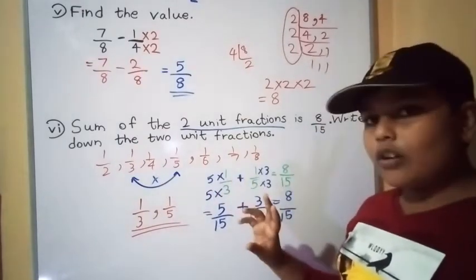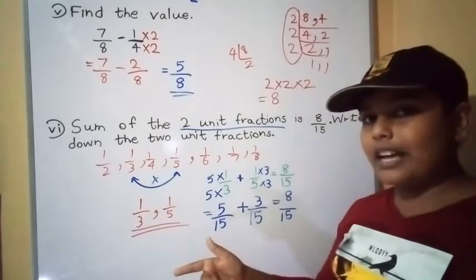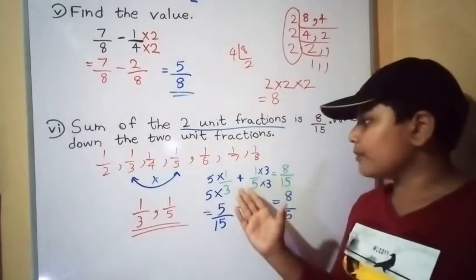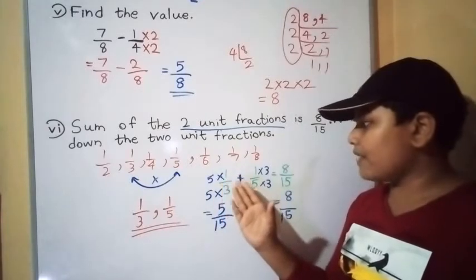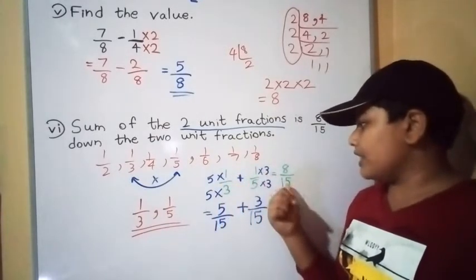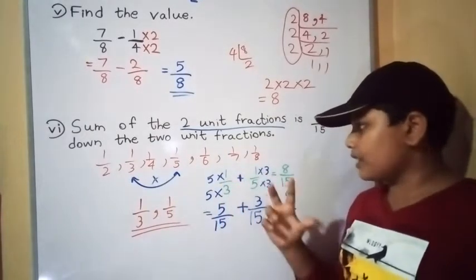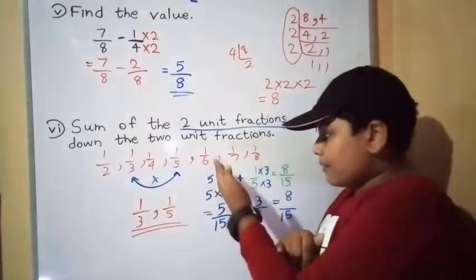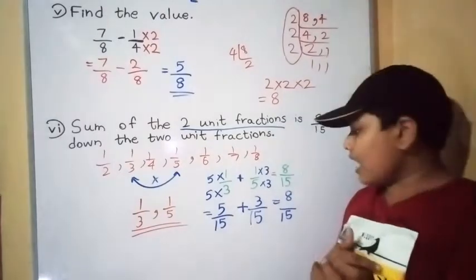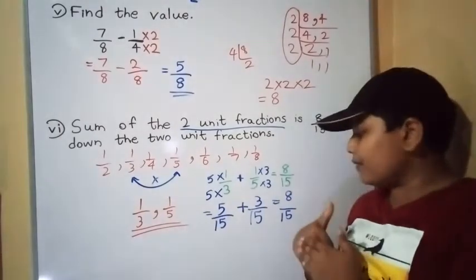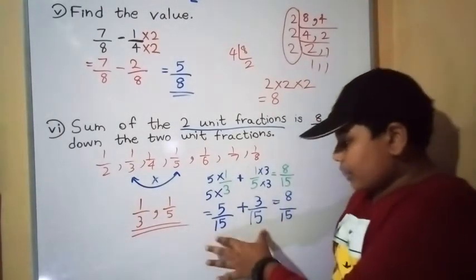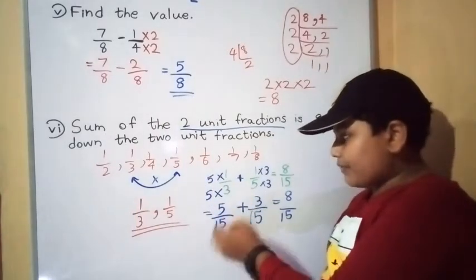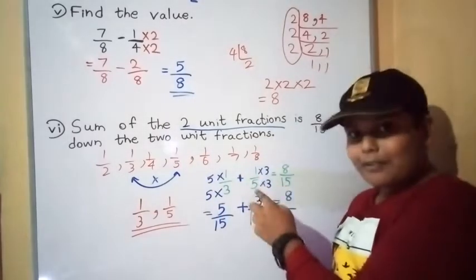Now you want to simplify that, right? Now you get 5 multiplied by 1 like this, add to this. Now you have 8 over 15. You want to multiply both sides by the denominator, right? They are multiplied by 5, they are multiplied by 3. 5 multiplied by 1 is 5, 5 multiplied by 3 is 15. 3 multiplied by 1 is 3, 3 multiplied by 5 is 15.